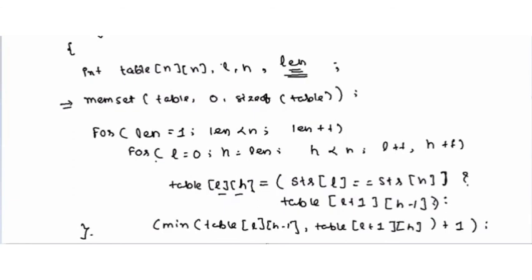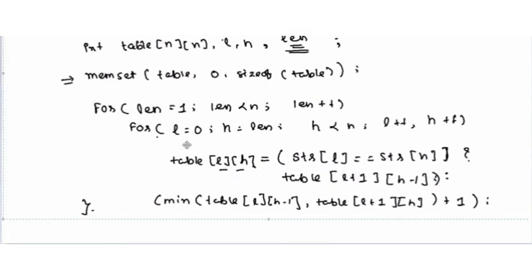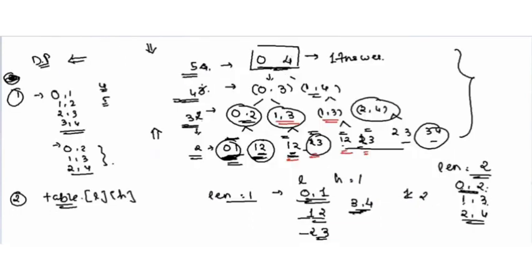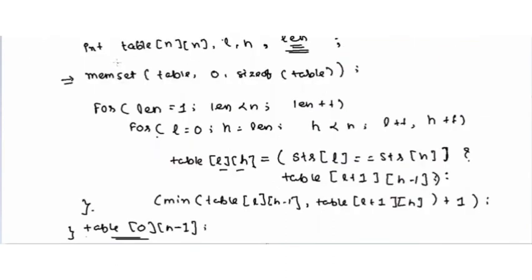Once these two for loops are over, we can return the table entry for 0 to n minus 1. So we will have the answer. You can see for a string of length 5, table of 0 to n minus 1 will store the answer. So over here we understood how to create the DP solution for the given question.